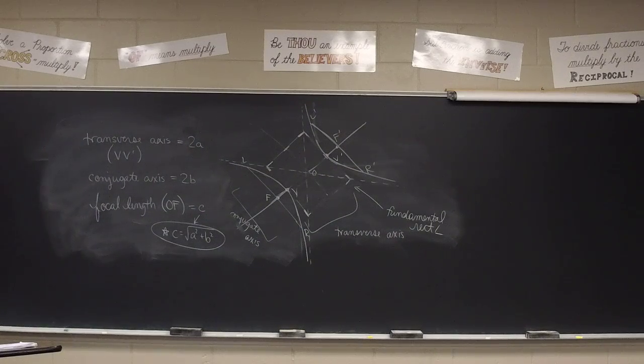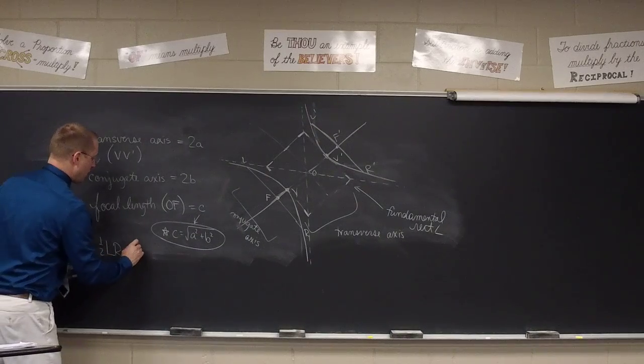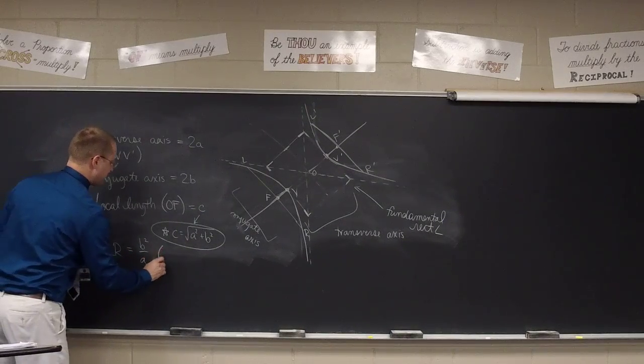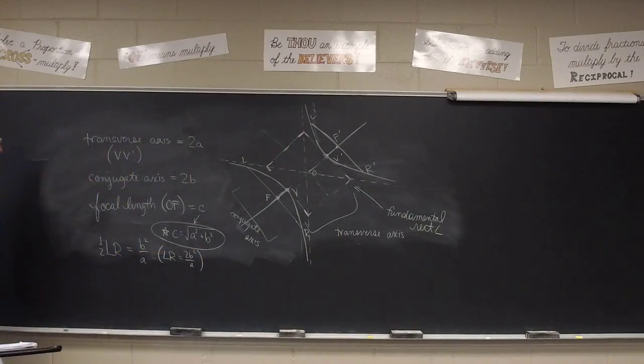And the book goes through showing how this is determined, but basically the focal length functions as equal to the hypotenuse rather than to a leg of a right triangle, where it functions as a leg in the ellipse. The half latera recta, since that's all we ever seem to use, are going to be B squared over A, because the whole latus rectum equals 2B squared over A. No big deal.